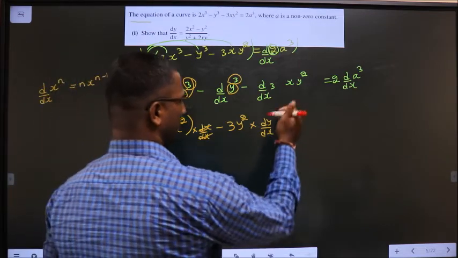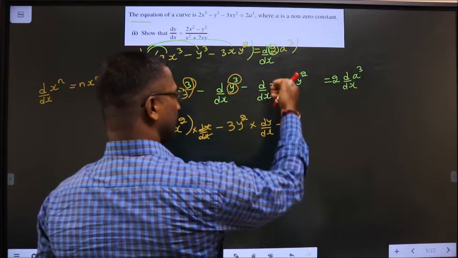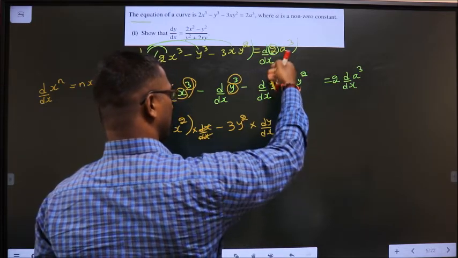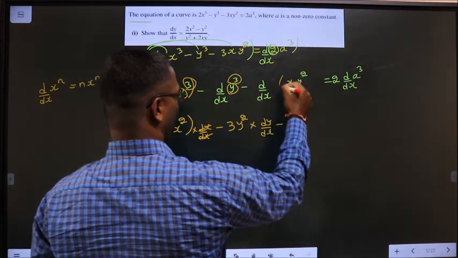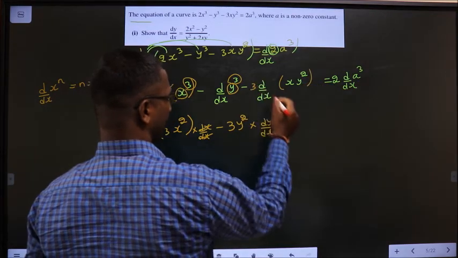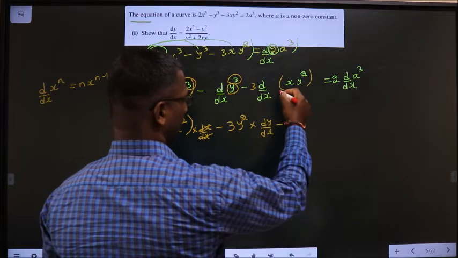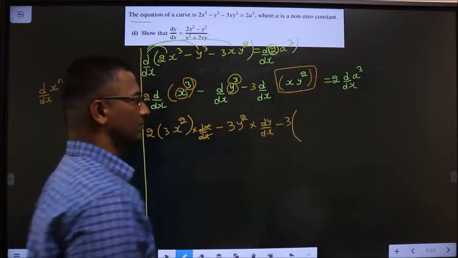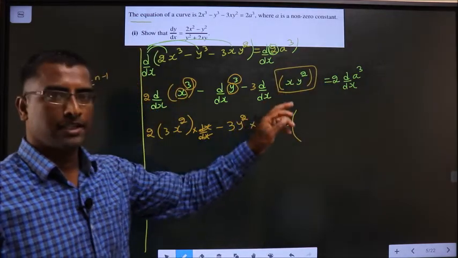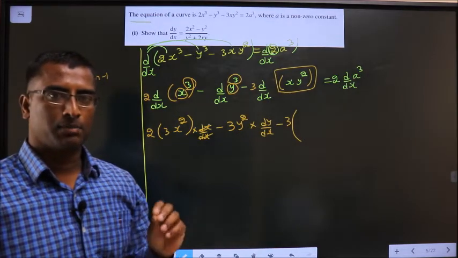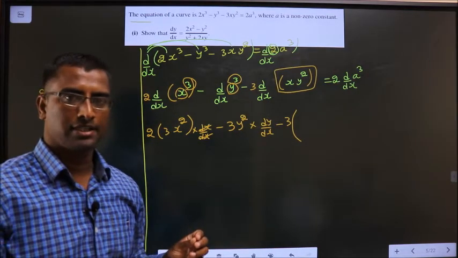Now over here minus, this 3 will not play any part in differentiation, so 3 outside. And how do I differentiate this one? It is x into y², means it is a product. So you are trying to differentiate a product.